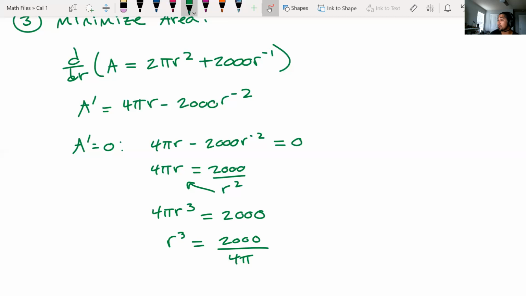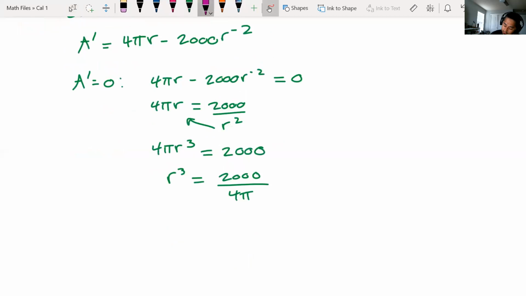And now all we want is r. So what do you do to both sides? Cube root. Cube root. And r is going to equal the cube root of 2000 over 4 pi.